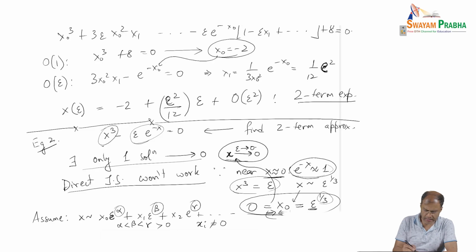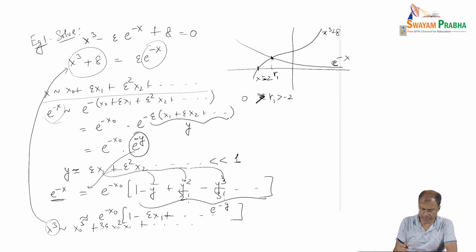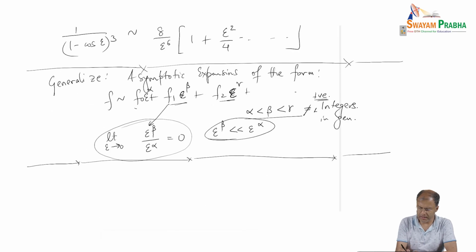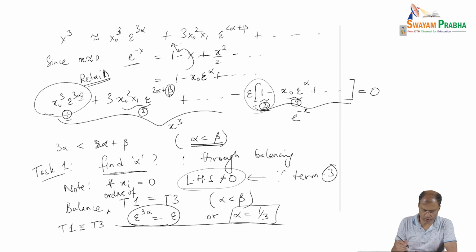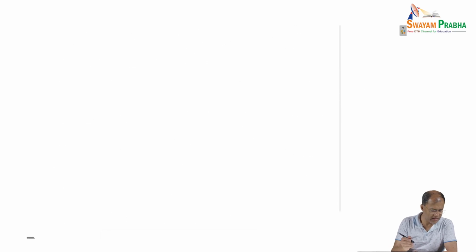Notice that in the original problem, we were trying to find the first term, which is f naught epsilon to the power alpha. So we found x naught, we found alpha, and now we want to find f1 epsilon to the power beta. Okay, so let us try and do that. So the second task is we find beta.